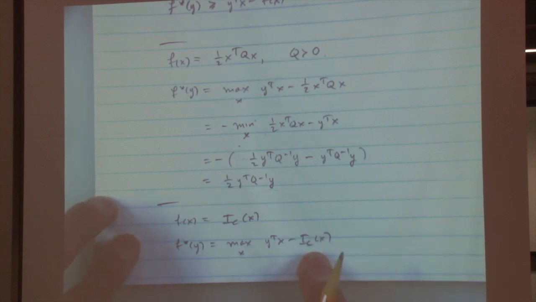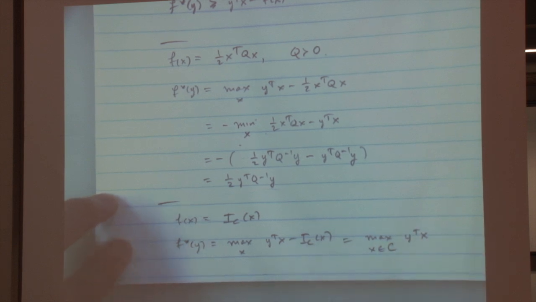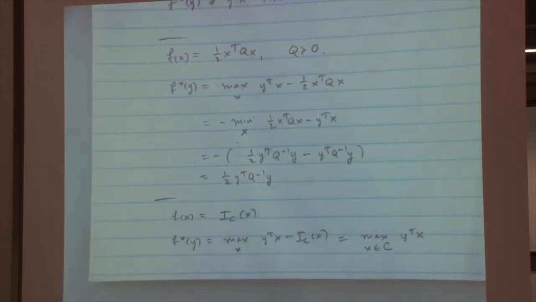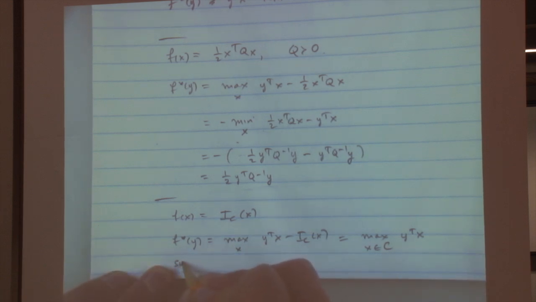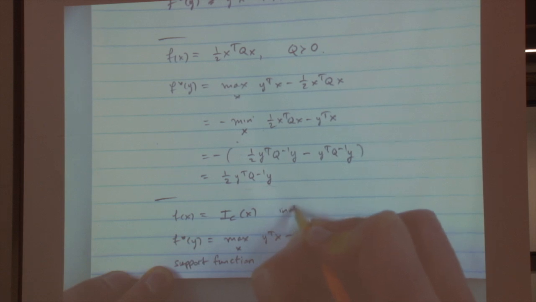This is going to be equal to negative infinity when x is outside of the set C. So really this is just the maximum, and it's 0 otherwise, over all x in C of y transpose x. So that's not closed form, but that's about as good as we're going to get for just a generic indicator function. This is called the support function of the convex set C, if we start with the indicator function.